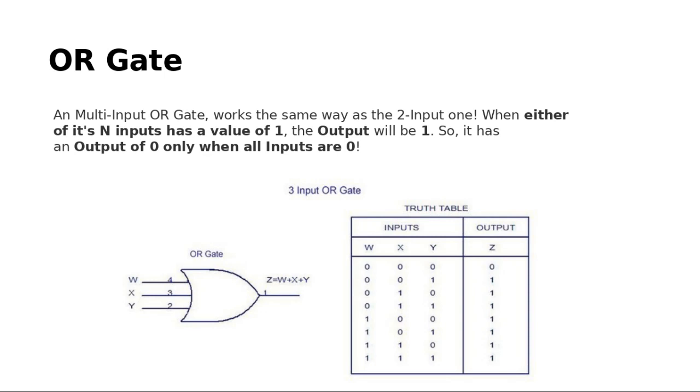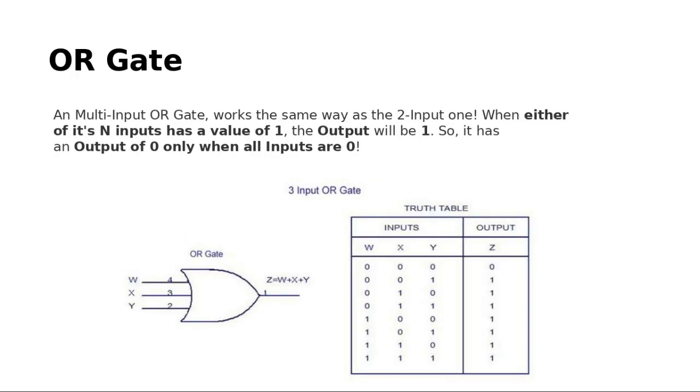A multi-input OR gate works the same way as the two inputs one. When either of its n inputs has a value of 1, the output will be 1. So it has an output of 0 only when all inputs are 0. All of the other situations, result is 1.